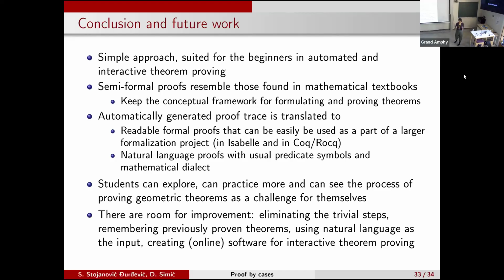You use a small language, you use few rules, you can easily use that to get students addicted to interactive theorem proving. And I like that formal proofs resemble those that are found in mathematical textbooks.